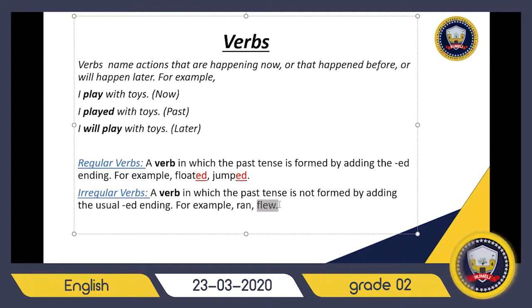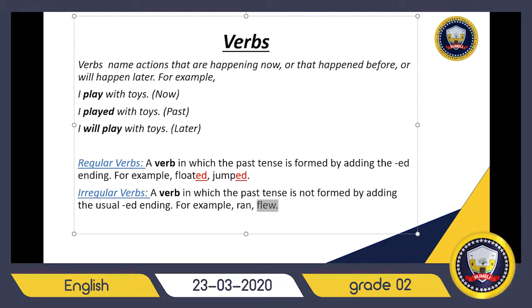Similarly for fly, the verb is fly, F-L-Y. The birds fly. But when you change it into past tense, you change the complete word. You change the spellings. You say flew. So the birds flew. It means in the past. So please remember there are regular verbs and irregular verbs.